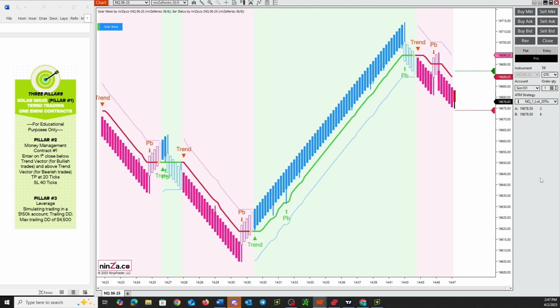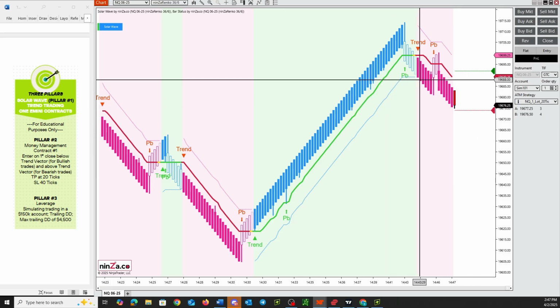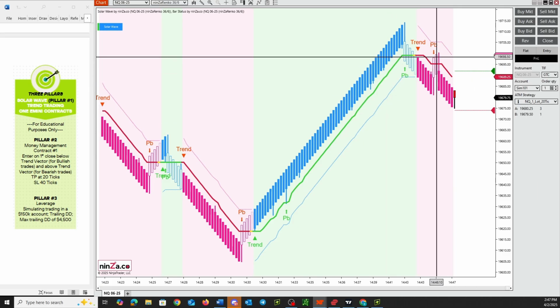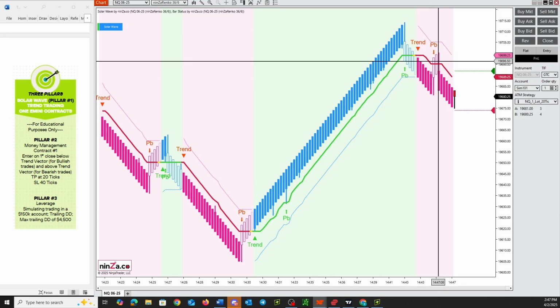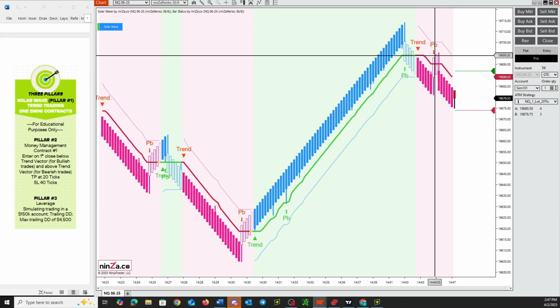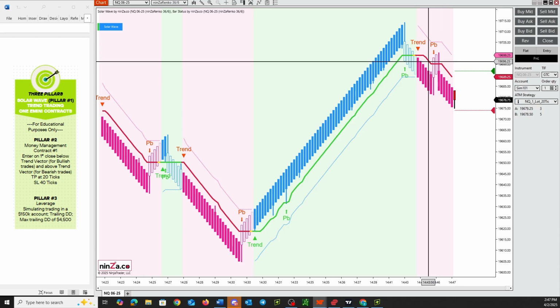Now this is just my own personal take on scalping. I'm very comfortable on that first pullback, getting that scalp and then the 5.